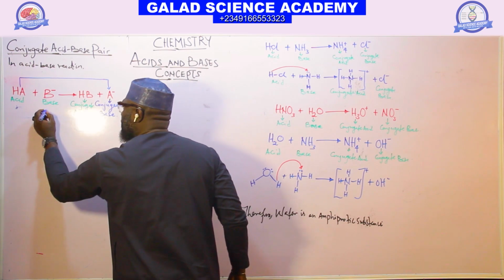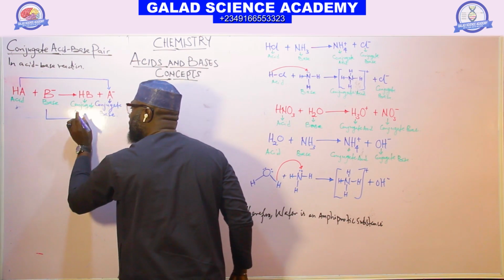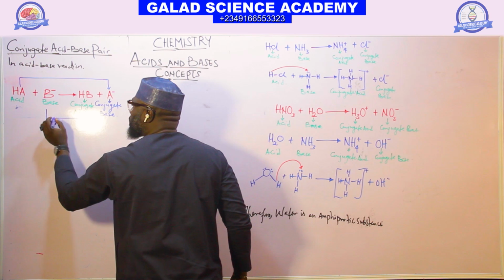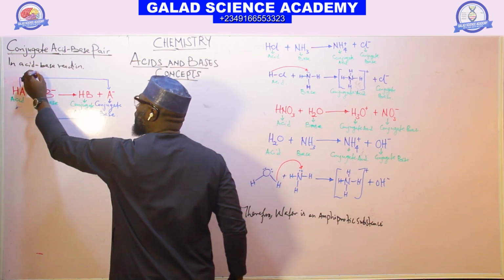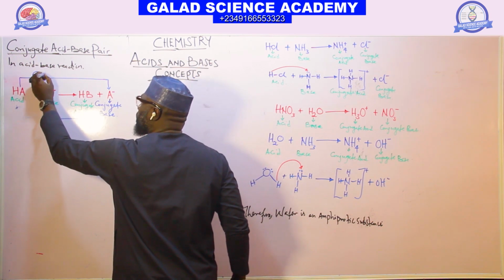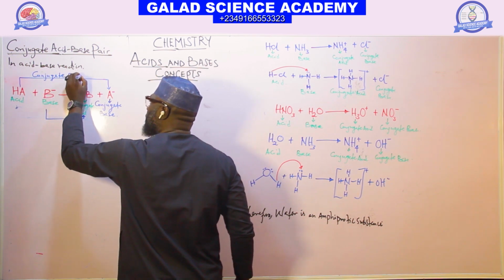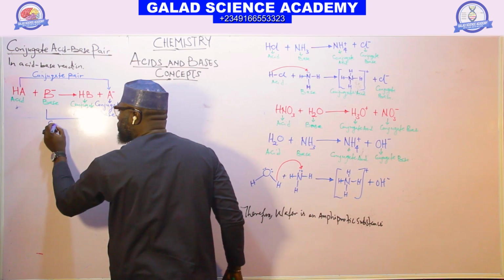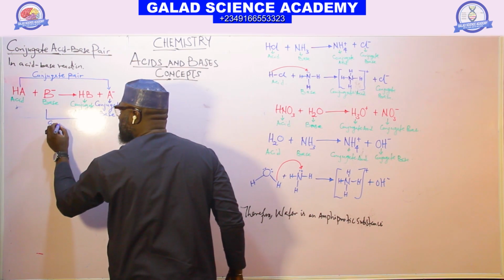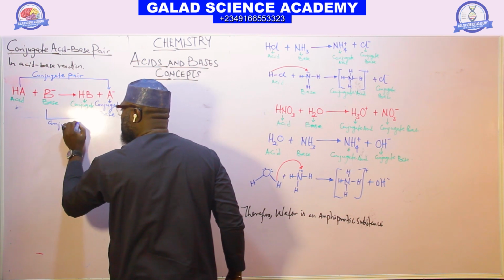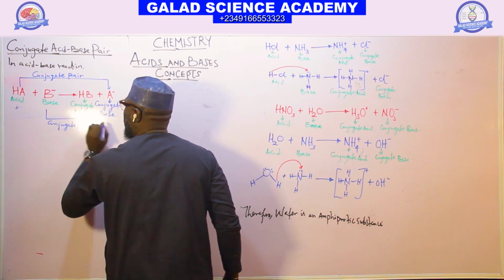This is the original base, and this is the one formed from the acid. We call this a conjugate pair, and this is also a conjugate pair.